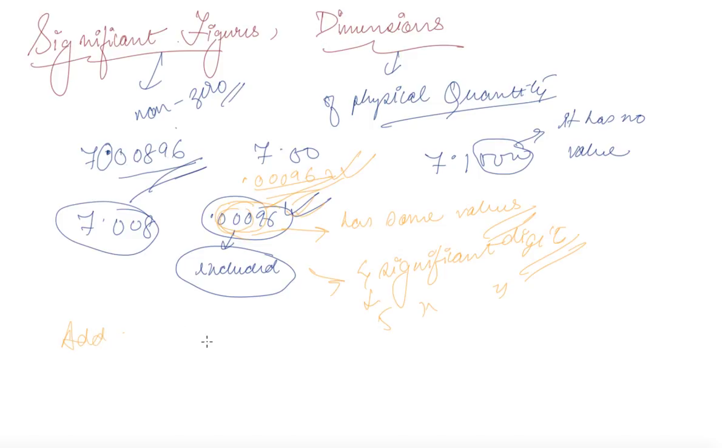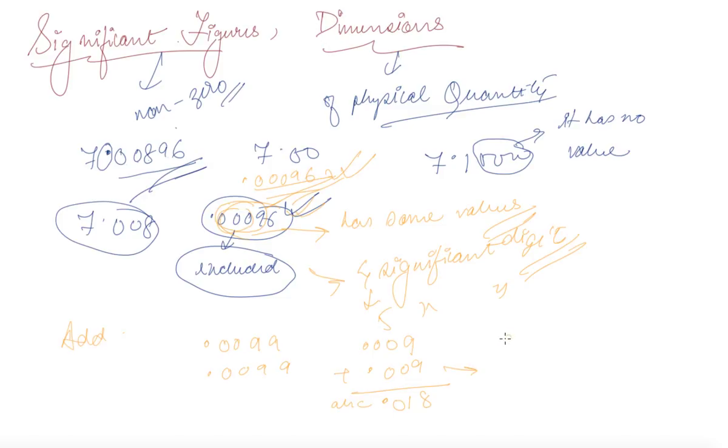Say suppose this was 0.0099 and this was 0.0099. So if you take up to just 2 significant figures, and you are rounding off, 0.009 plus 0.009 gives 0.018.